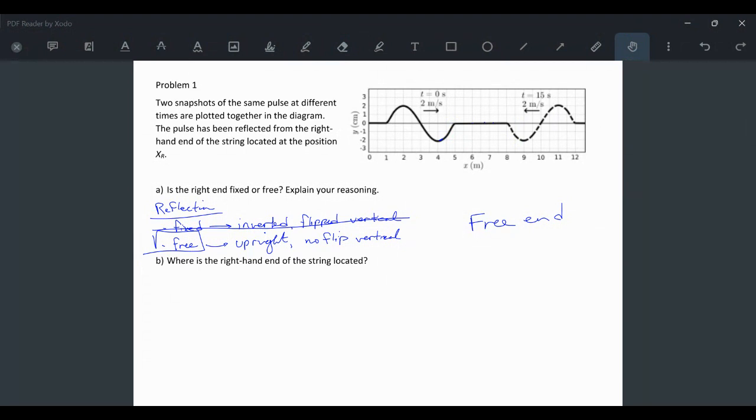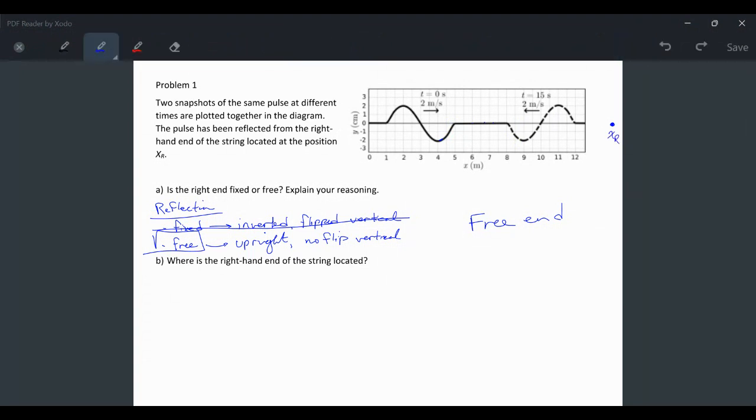This is not really wave physics anymore, which I think you'll realize with a lot of the problems this semester: oh, this is just something I learned in first year. It gets simplified to something a lot easier. Let's put some random distance off to the right. We don't know exactly where this is, but this is at XR.